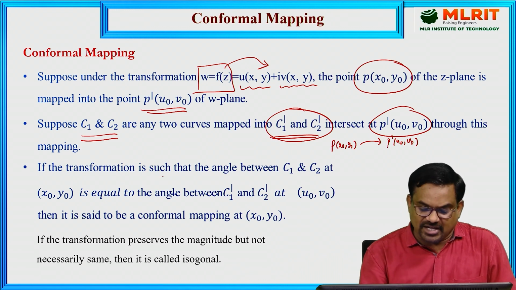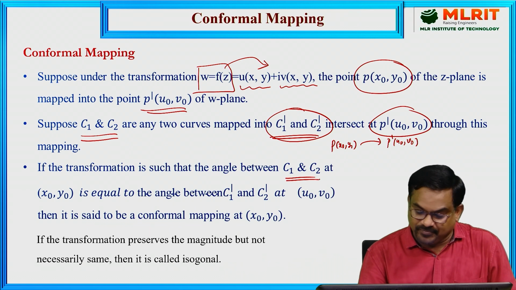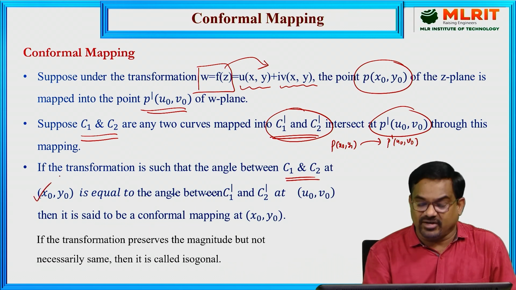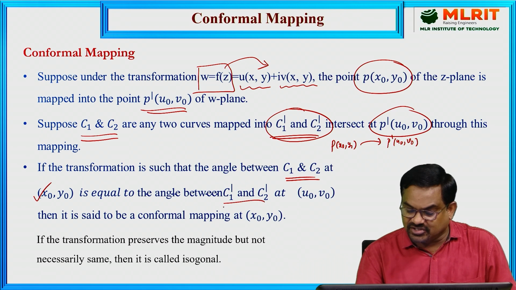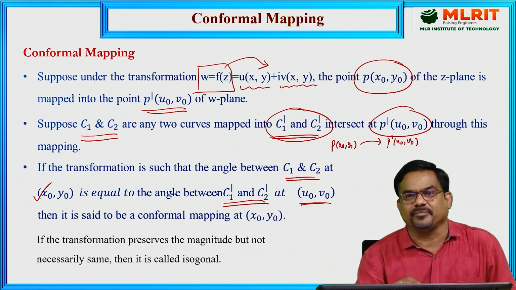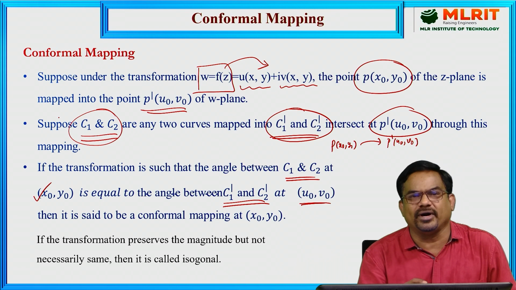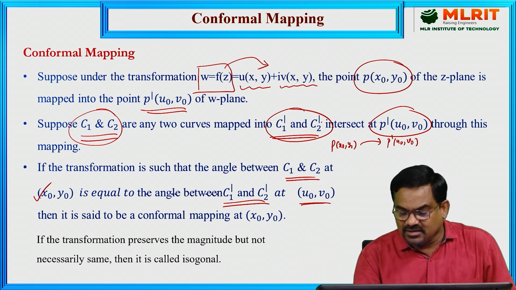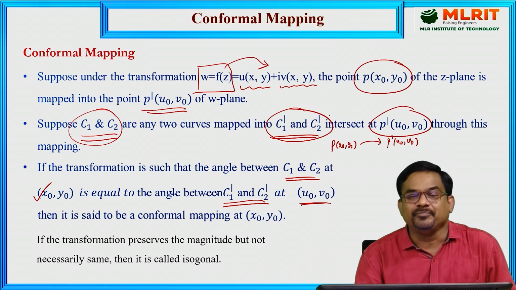Now, if the transformation is such that the angle between C1 and C2 at the point (x0, y0) is equal to the angle between C1 dash and C2 dash at (u0, v0). That means, if the angle between these two curves at the point (x0, y0) and the angle between C1 dash and C2 dash at the point (u0, v0) is the same, then the mapping is said to be conformal mapping.